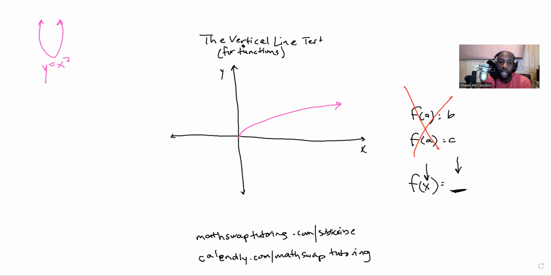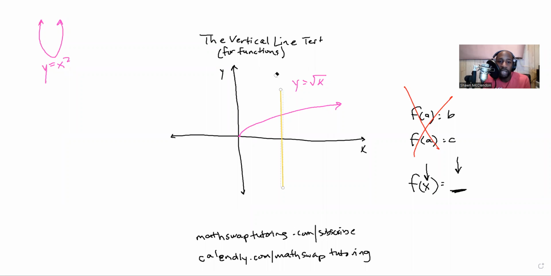an interesting thing to note is that this x equals y squared is comprised of two functions. So this line is equal to y equals the square root of x, which if taken by itself, will pass the vertical line test easily, right?